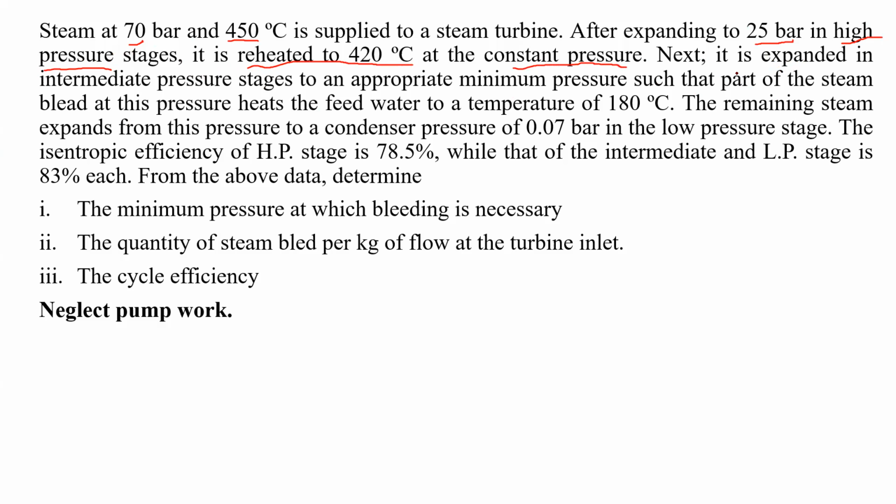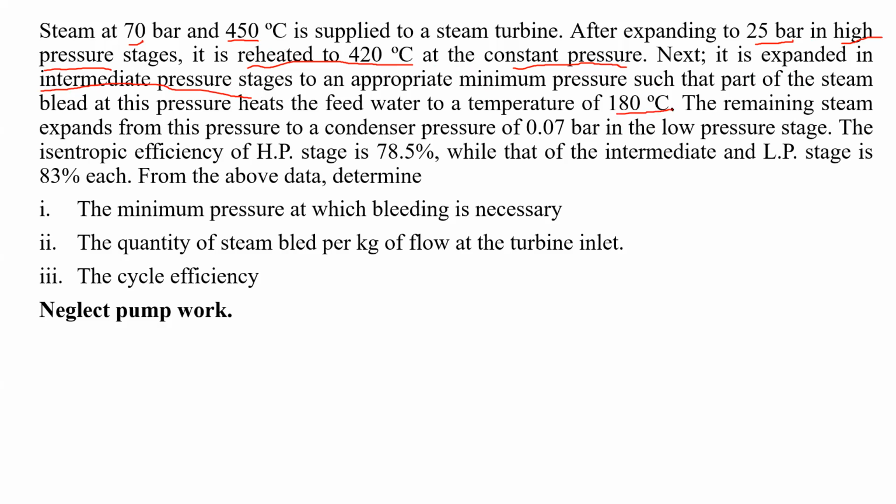Then it is expanded in the intermediate pressure stage. That means there is one intermediate pressure stage. That is at an approximately minimum pressure such that some part of the steam bled is taken to the feed heater. That is a regeneration process. That part of the steam is taken at 180 degrees centigrade.